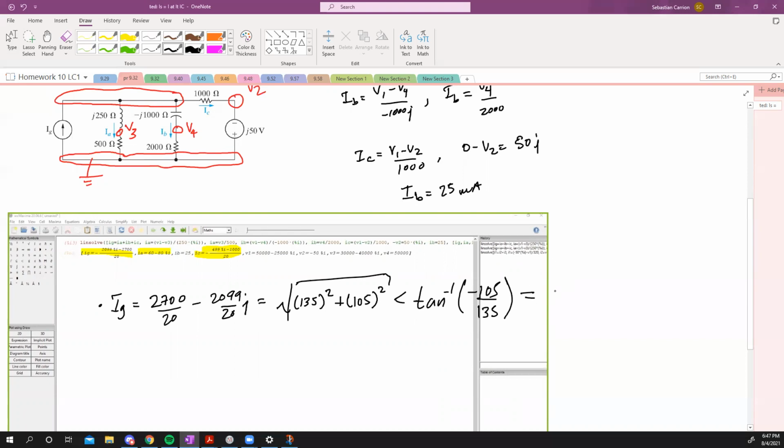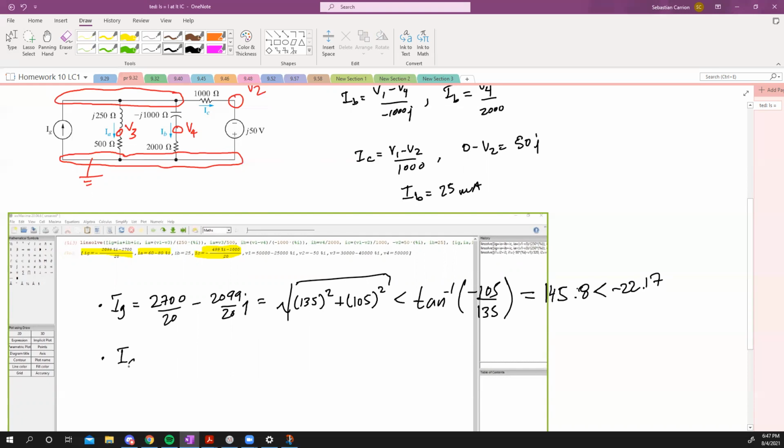As a result, we get 145.8 with an angle of negative 22.17 degrees.